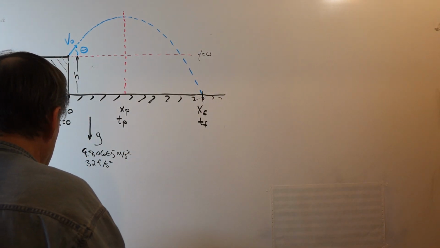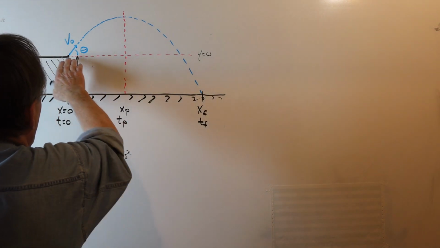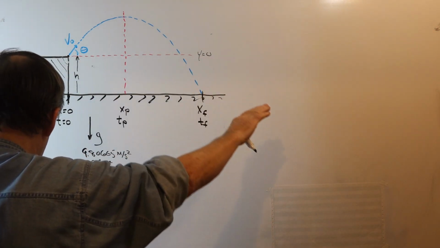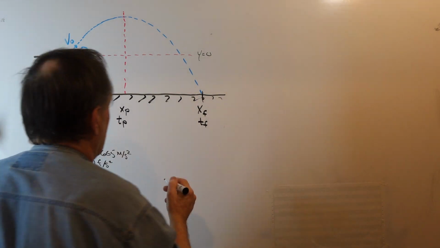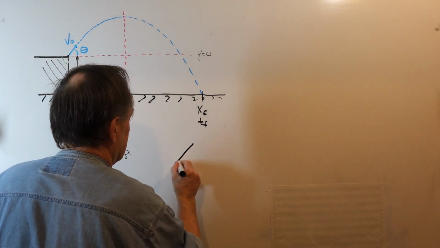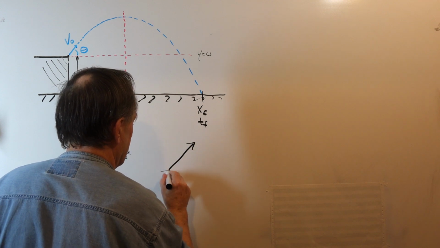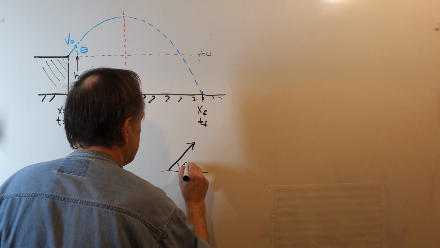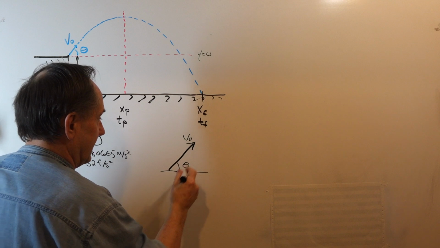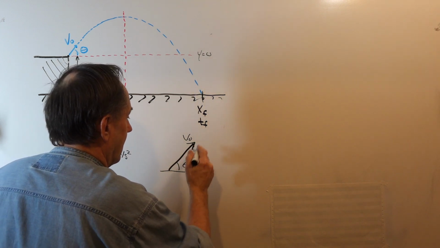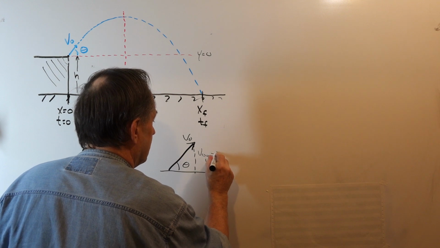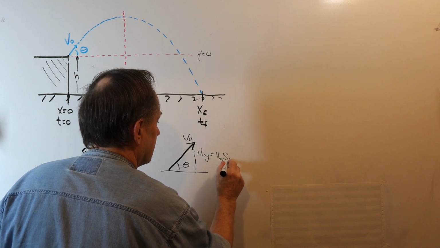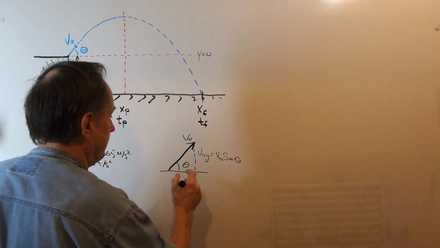Now, that horizontal component of velocity never ever changes. So we're going to break up our velocity into two components. Here's v0 at angle theta. Our y component, we'll call it v0y, is v0 times the sine of theta.